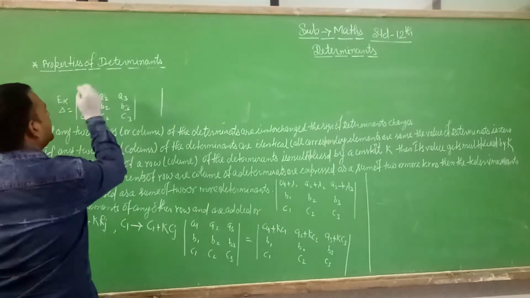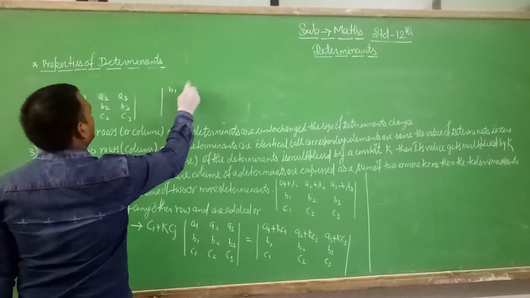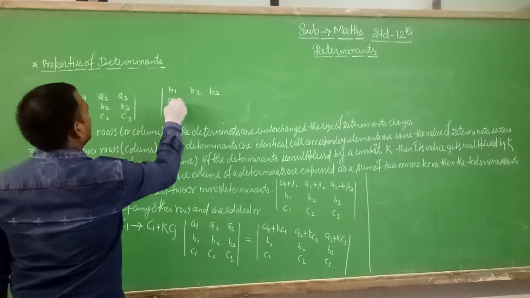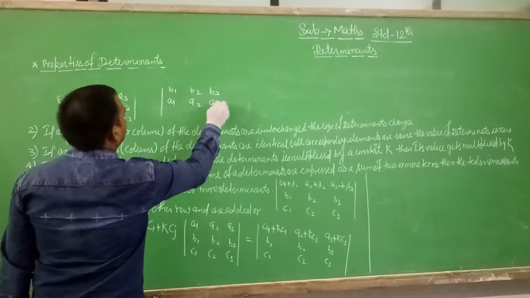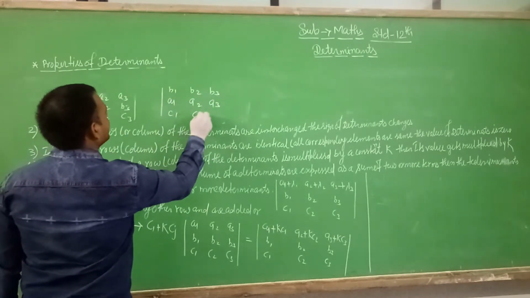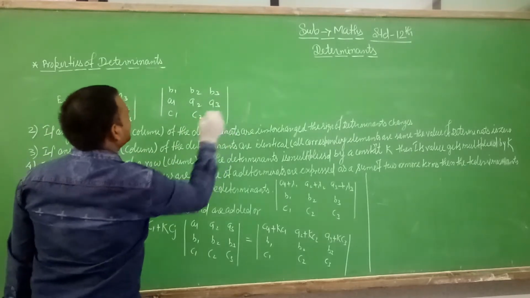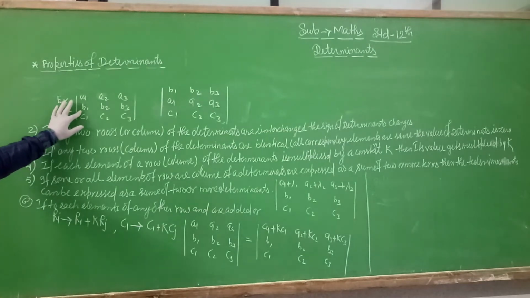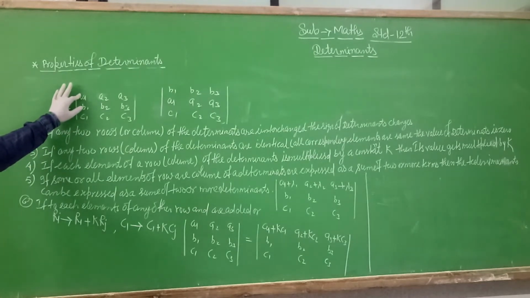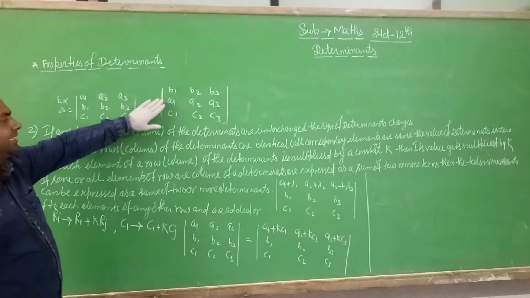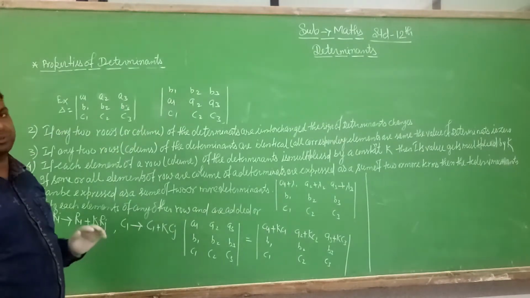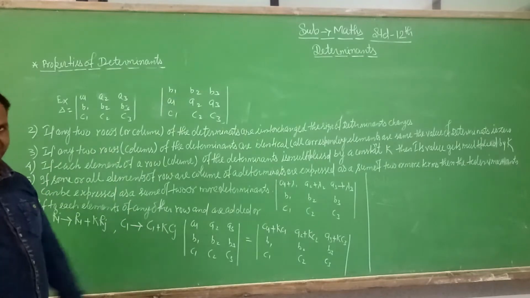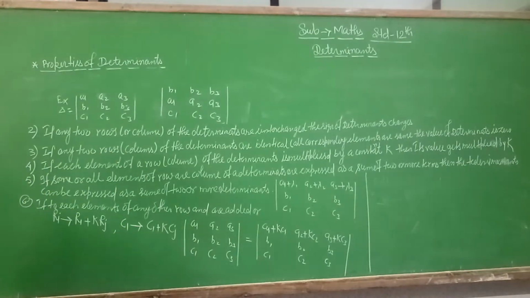I interchange the rows: here is A1, so I take B1, B2 and B3, then A1, A2, A3 and C1, C2 and C3. Here you see I interchange the second row with the first row and the first row with the second. So here is only a change of the sign of the determinant. All of you see how it can be changed.